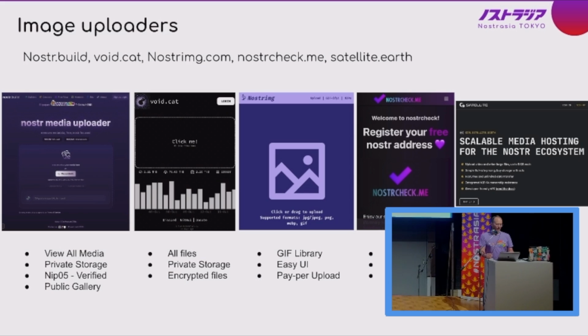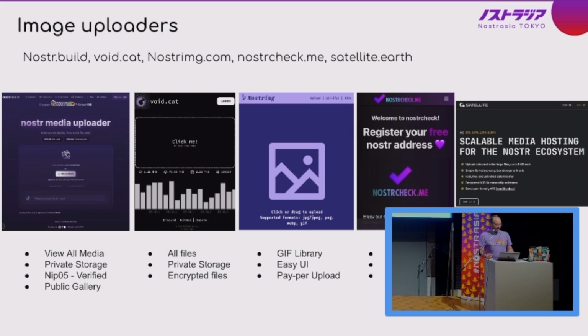We just started supporting NIP98 with account integration. You can get NIP5 verification. We have a public gallery, kind of a side cool feature. You're able to see all the images anyone has ever uploaded to Nostr.Build through the free upload section, if you want, 800,000 plus pieces of media, videos, GIFs, all this.